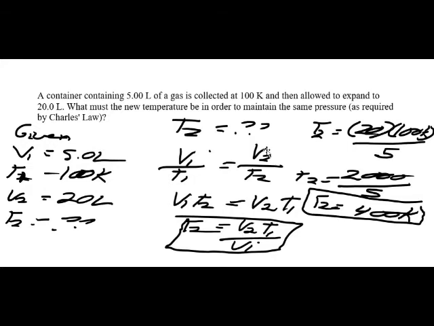And let's try one last problem. A gas occupies 900 milliliters at a temperature of 27 Celsius. What is the volume at 132 Celsius? All right. Let's do this. So let's find the given.